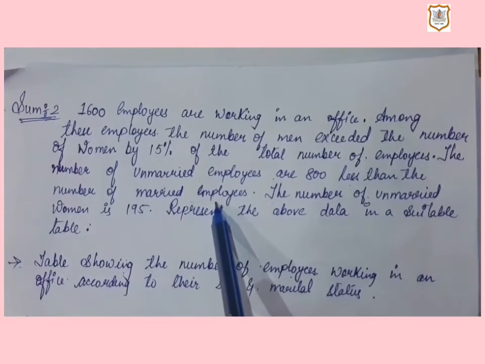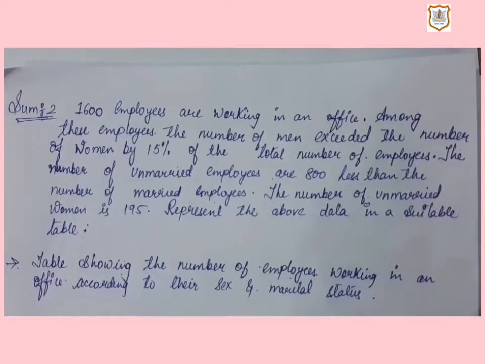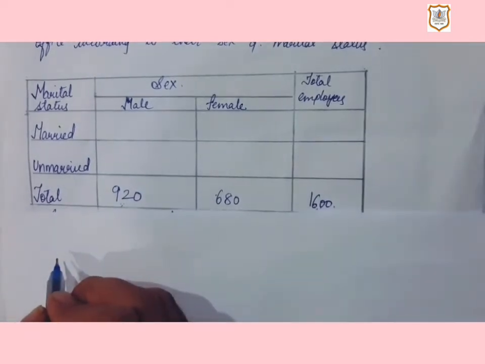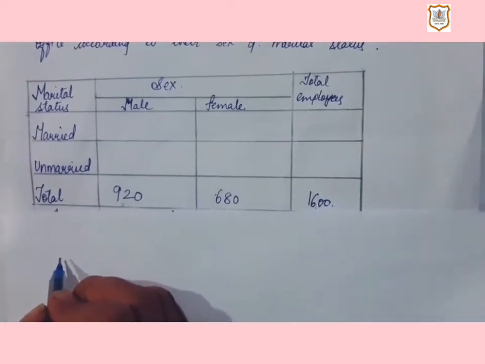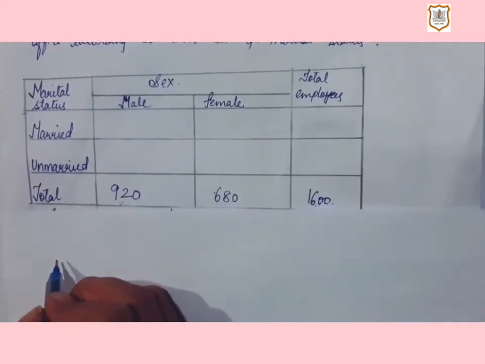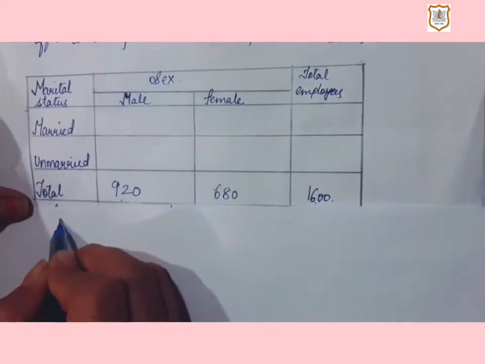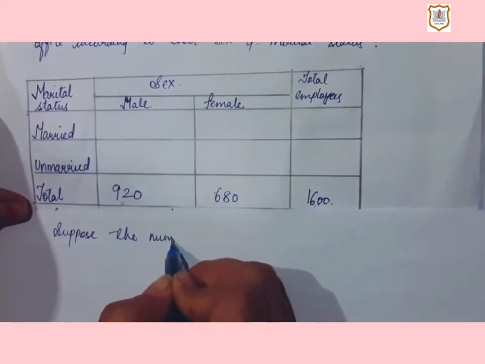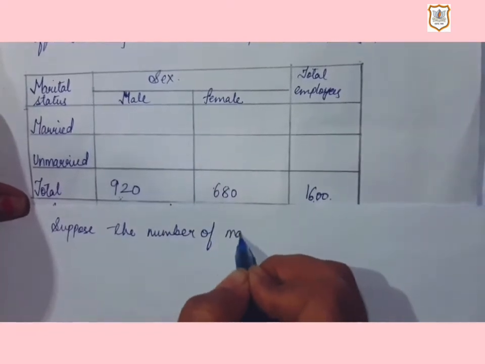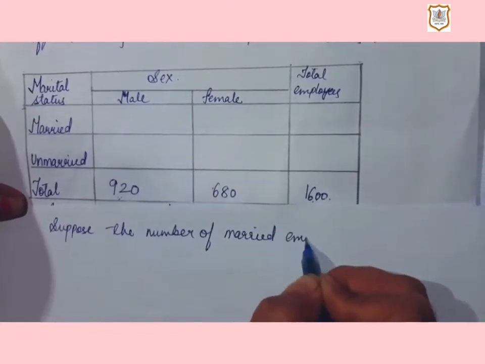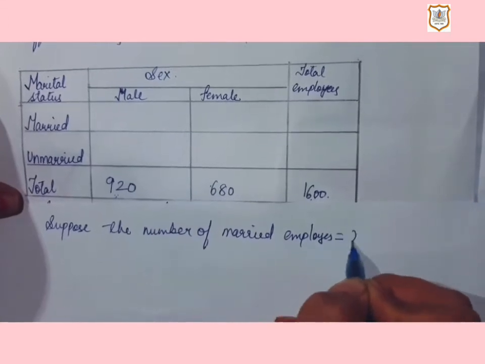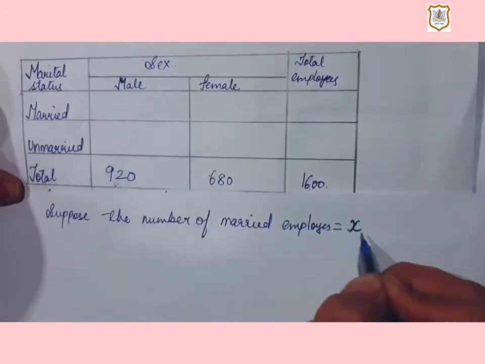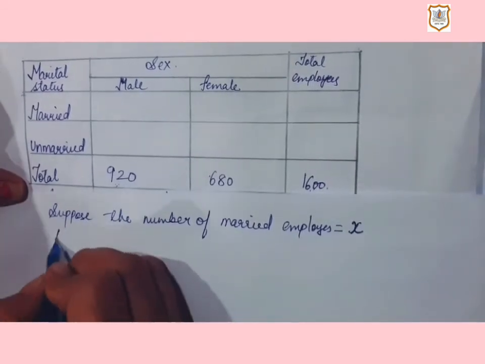Now we don't know the number of married employees, so we will consider the number of married employees as X. Suppose the number of married employees is X. If we come to know the number of married employees, then we can also come to know the number of unmarried employees.